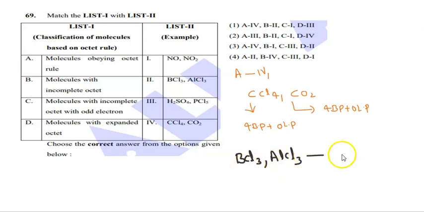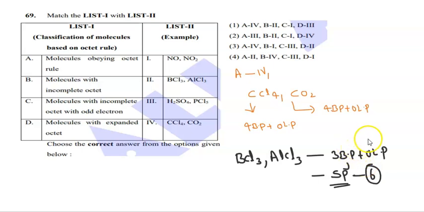Each one is having 3 valence electrons, and 3 are involved in bonding. So that is 3 bond pairs and 0 lone pairs, 3 plus 0 is 3, sp2 hybridization. Only 6 valence electrons are present, incomplete octet. Such molecules are called electron deficient molecules. So the correct match for B is 2.